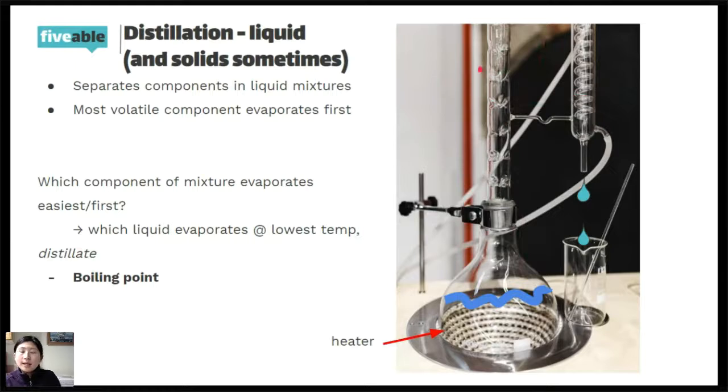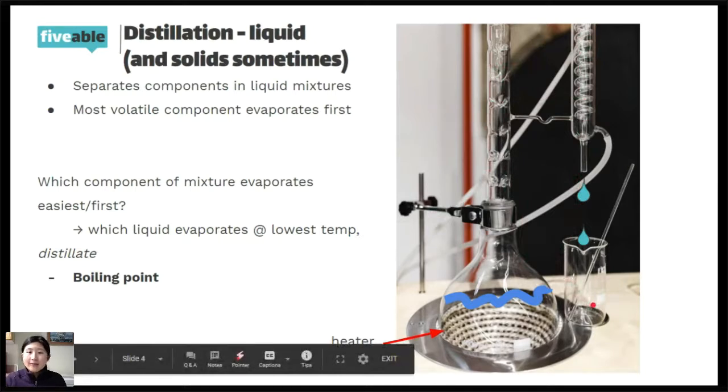There's a cooling tube, where the gas condenses into liquid again, and then it moves down another tube and drips into another container on the side. That way you'll have the liquid of the component that evaporated the easiest, and the other components left in the original container.